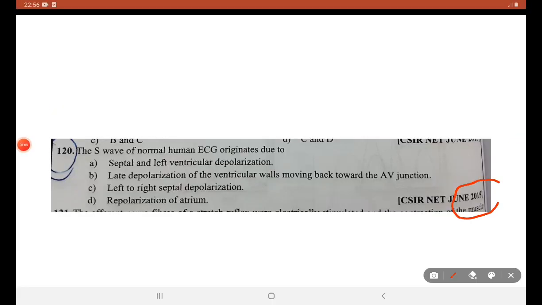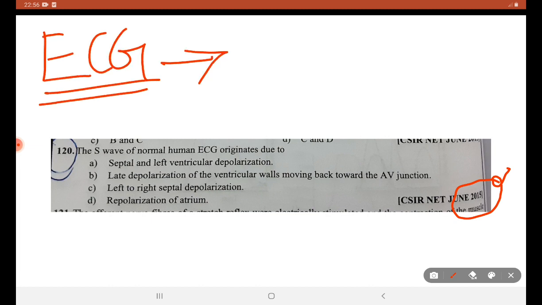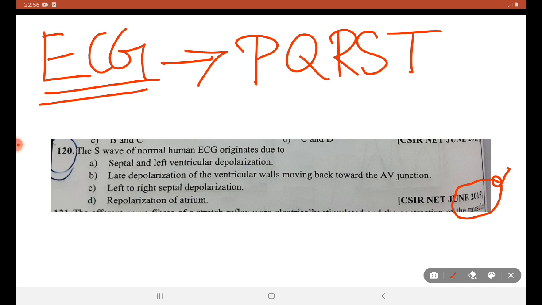First question from June 2015. In ECG, we have various waves like P, Q, R, S, T. So here we have a question that what this S wave exemplifies.